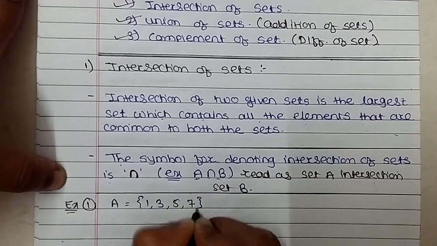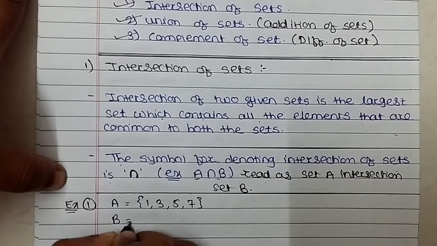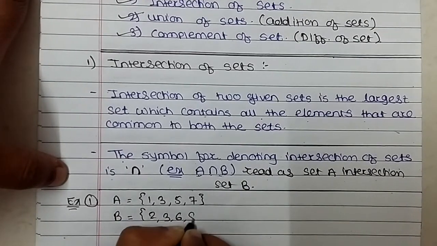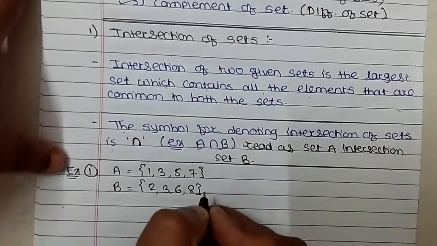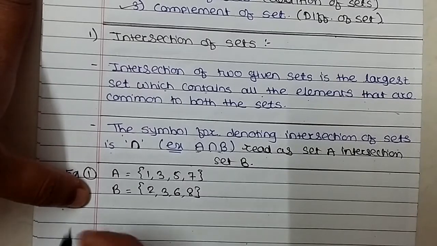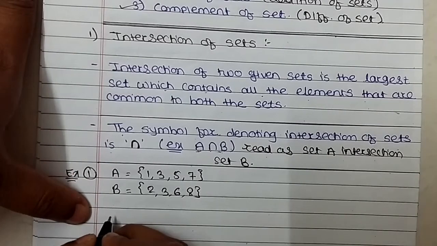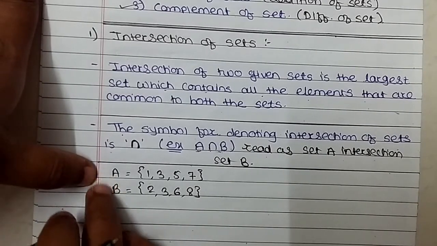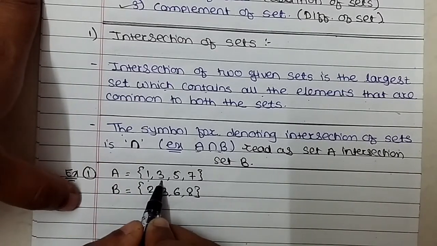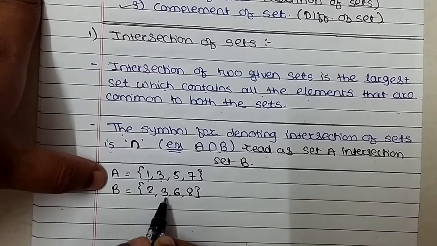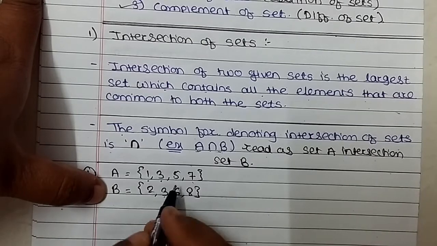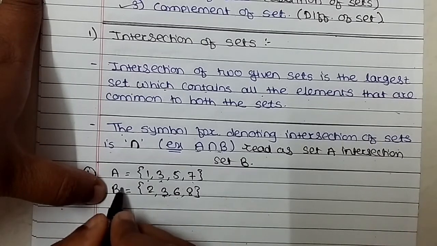Set B is equal to {2, 3, 6, 8}. How do we calculate the intersection of these two sets? First of all, tell me which element is common in both sets. Is 1 common? No. 3 is common; 3 is present in set A and also present in set B. Is 5 common? No. 7? No. Only one element is common in both sets, that is 3.